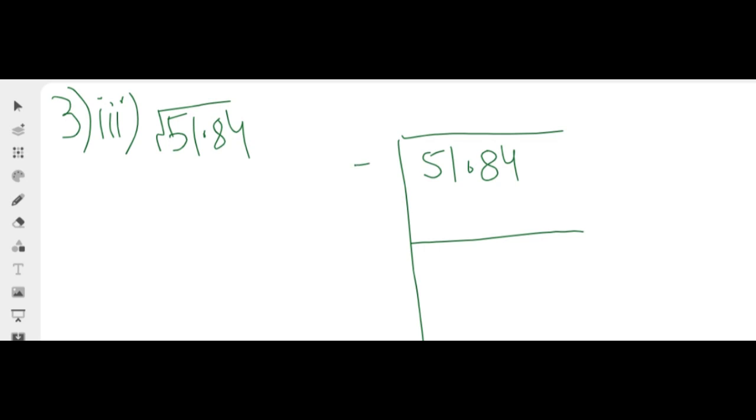Very good. 7 7s are 49. 51 minus 49 is 2. Then this is 2, 4, and then below there will be 84, and then the point will be shifted here.